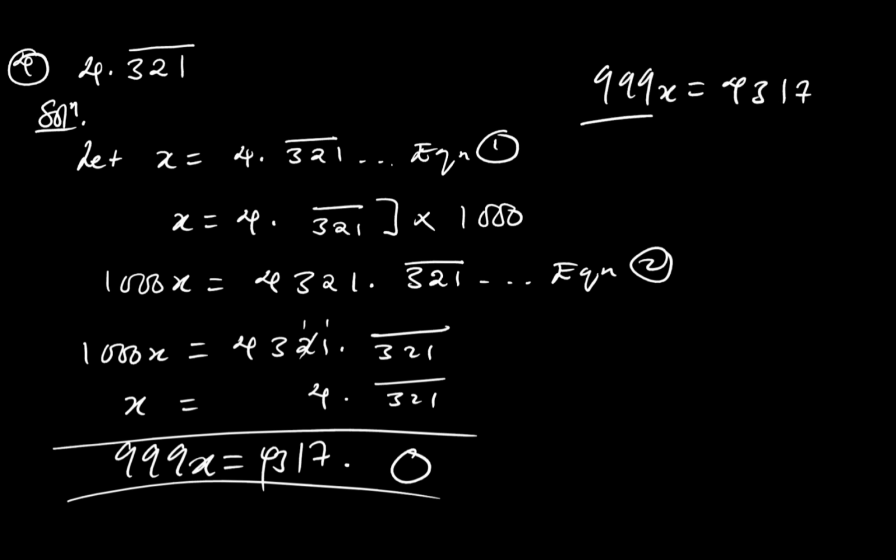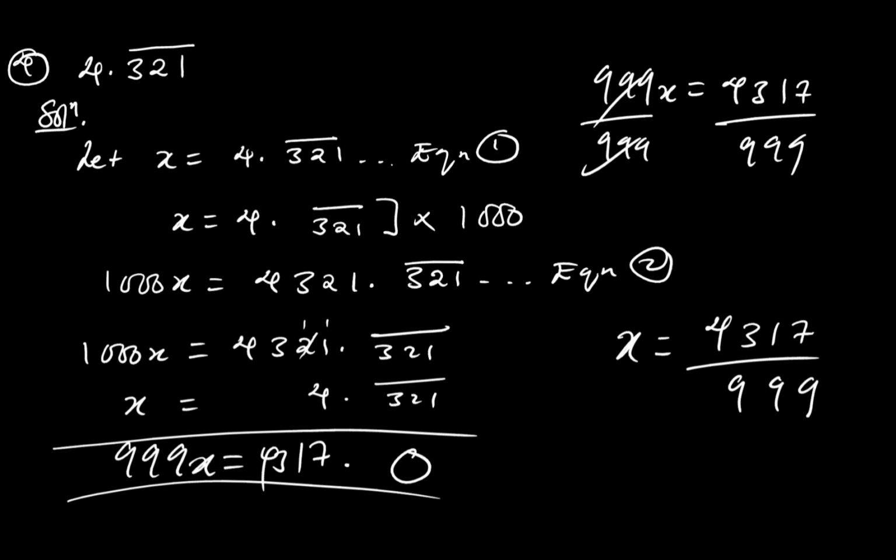So we're having 999x being equal to 4317. Dividing both sides by 999, you will get the value of x to be equivalent to 4317 over 999. And this will basically be your final answer, but you can always reduce this. The number I can go here is 3.